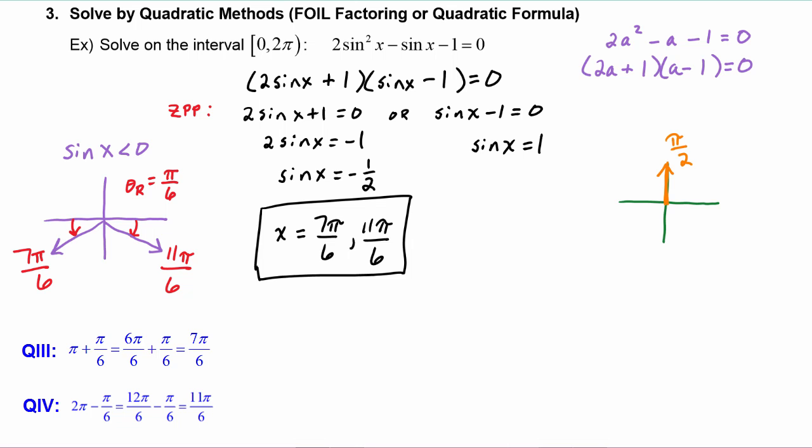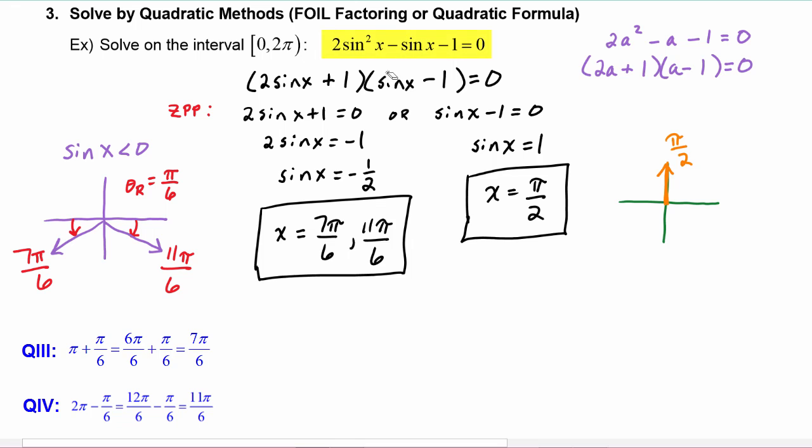So from this piece of the equation, we will get that x is equal to pi over 2. So the equation that we started with has 3 total solutions: 7 pi over 6, 11 pi over 6, and pi over 2.